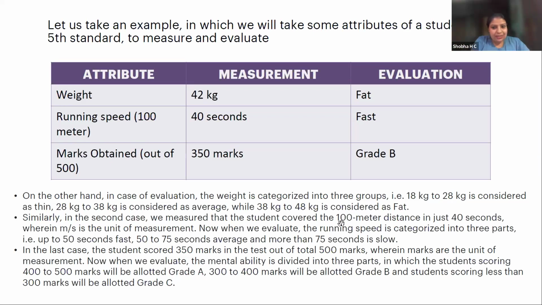So based on that, the evaluation is fast. So like this, measurement will only give you the numerical aspect of it, but when you evaluate, you combine the quantitative, qualitative, and you also do a value judgment, and then you come up with the evaluation. So that's the evaluation.